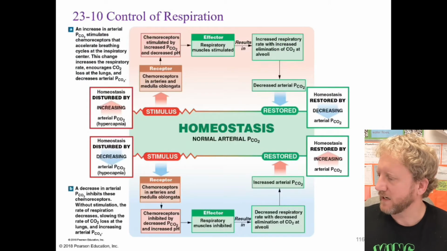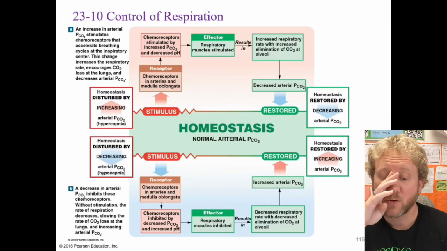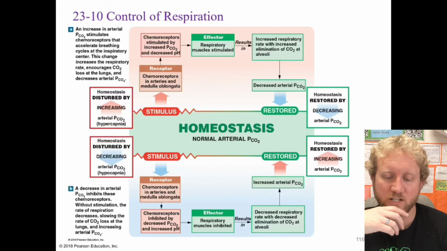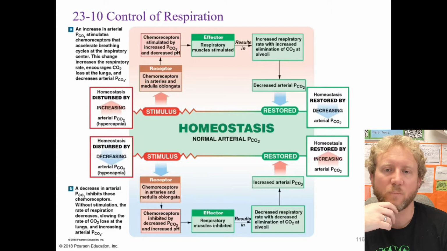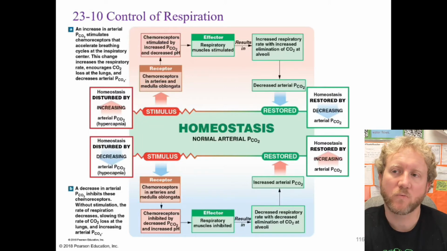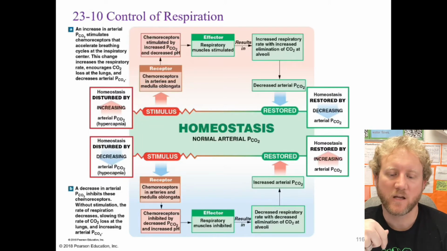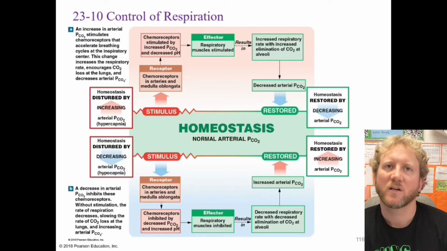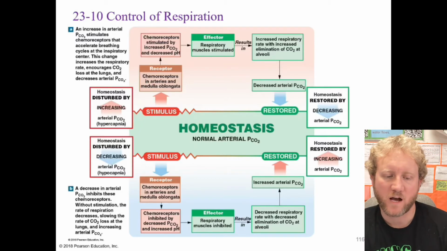This is a flow chart, basically a feedback loop of arterial CO2. Remember, how fast and how deep you breathe is triggered by changes in the CO2 concentration, which corresponds with an inverse concentration of oxygen.